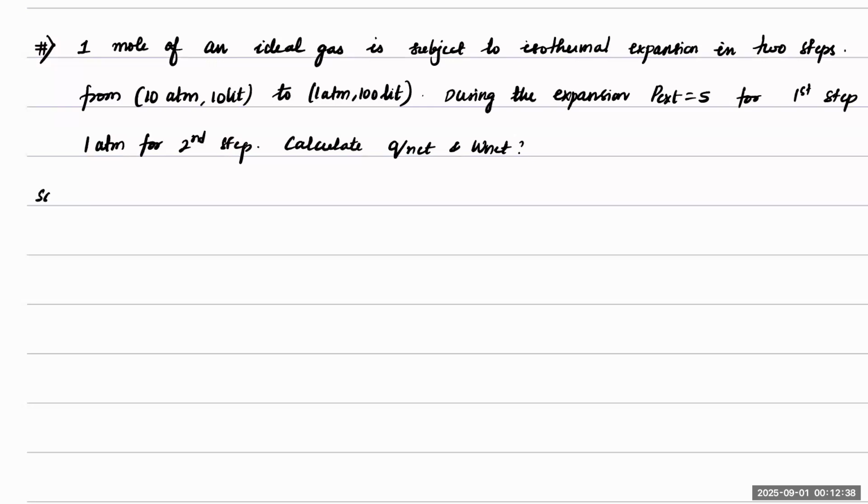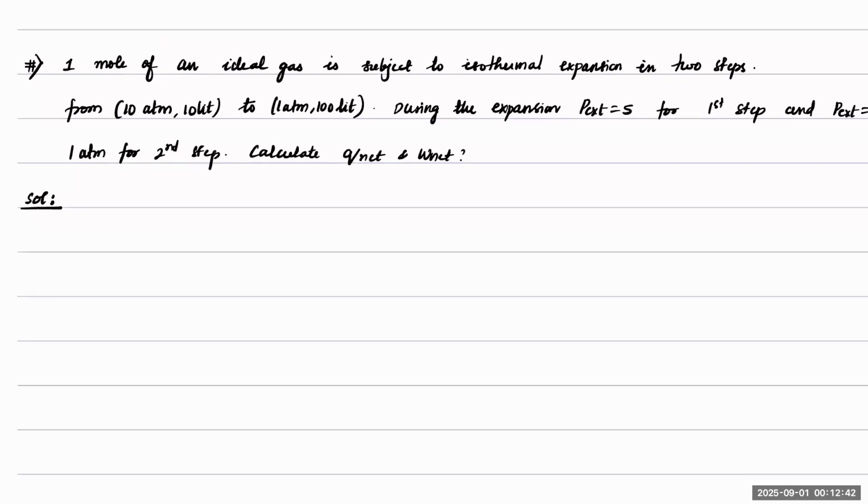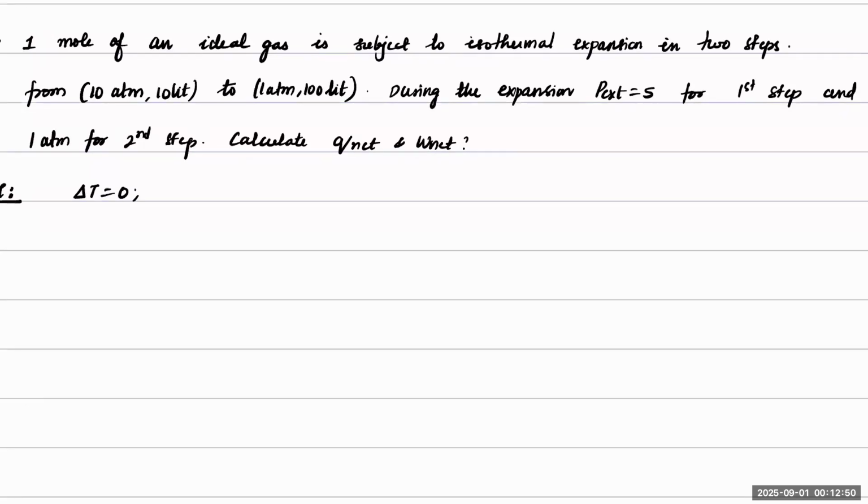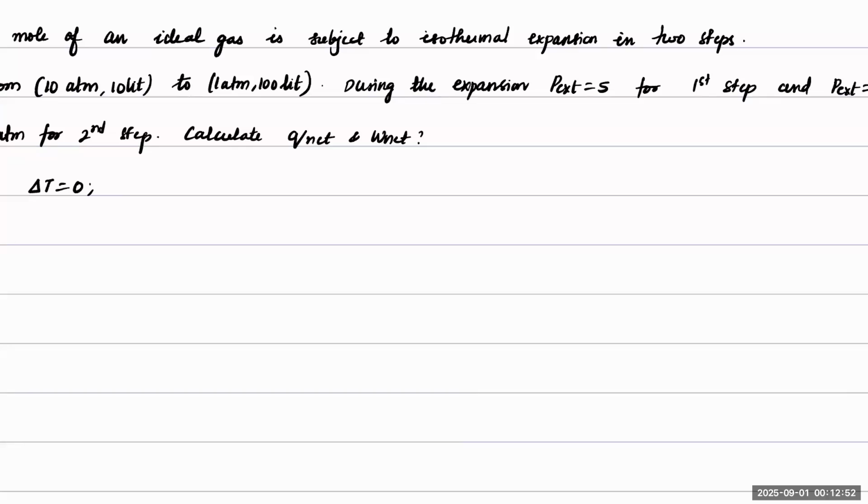Throughout the process, you would notice that there is no change in the nature of the process, which means it is remaining isothermal. So delta T equals 0 throughout, whether it is step 1 or step 2. So delta U1 plus delta U2 is 0, as delta U1 is also 0 and delta U2 is also 0.